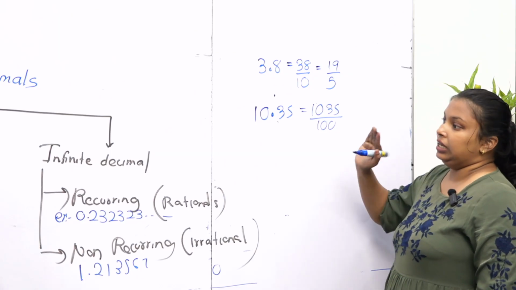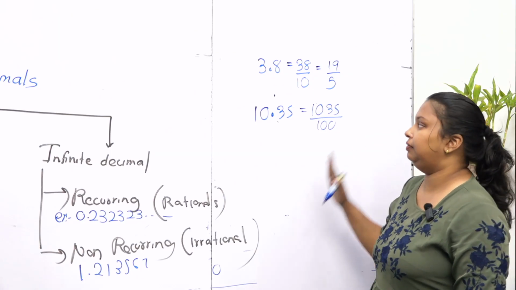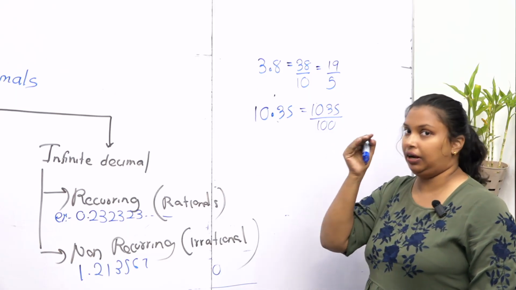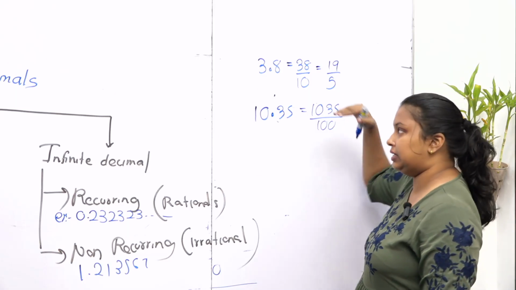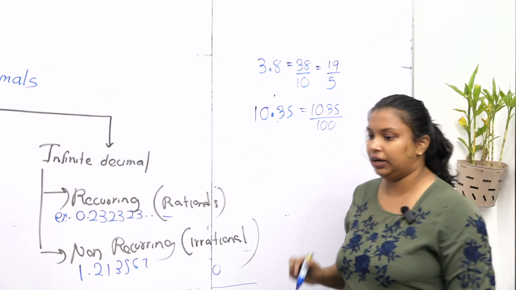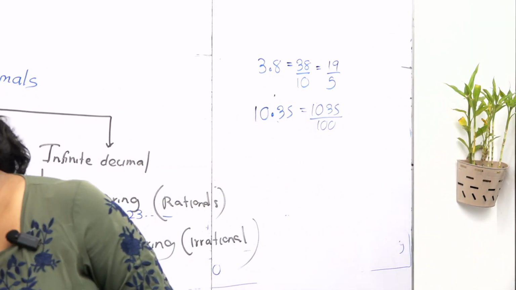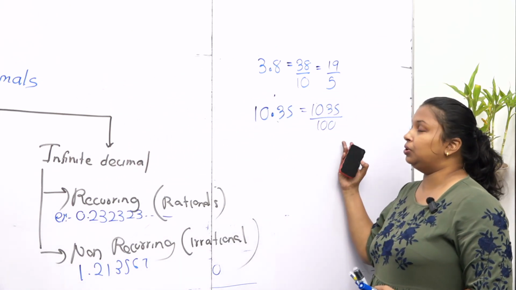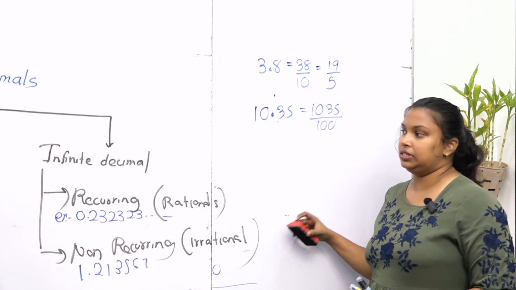So finite decimals we can always write as a fraction. Fraction means we can write in the format P over Q, where P is an integer, Q is an integer, and P and Q do not have common factors, by simplifying this further. So these are rational numbers.